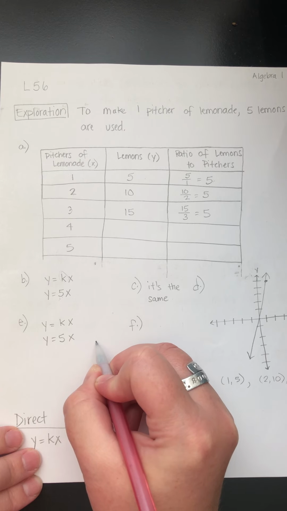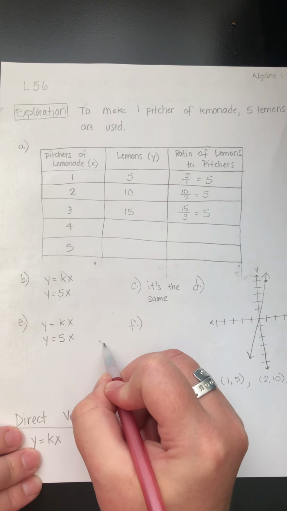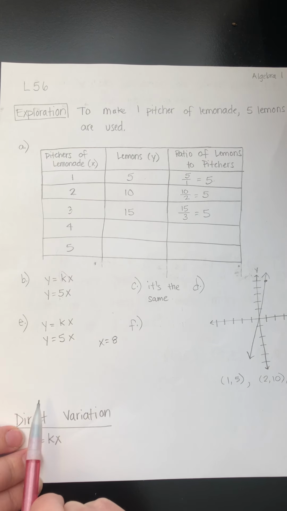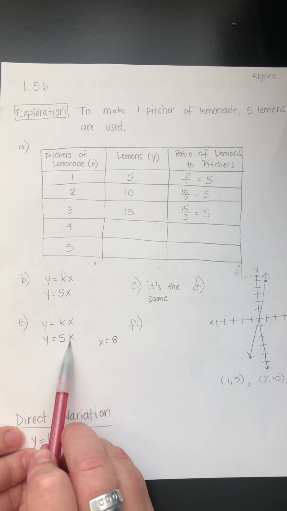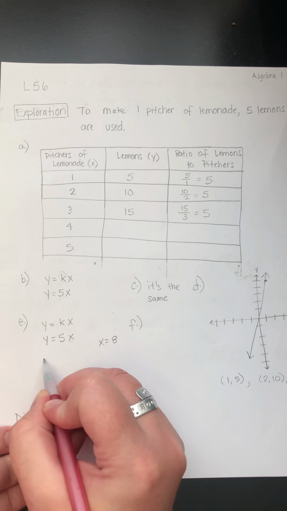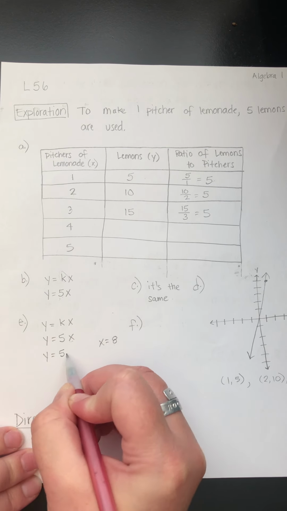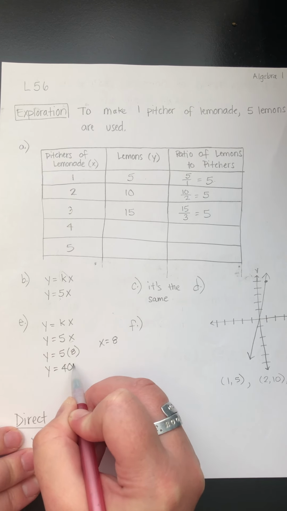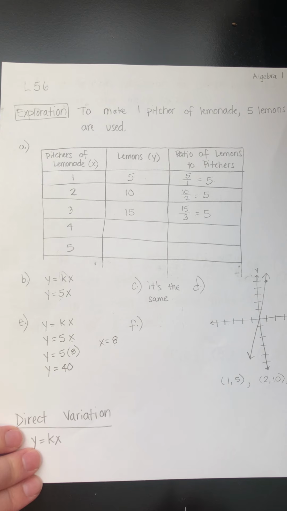So our pitchers, which in this case is x, equals 8. And they're asking you, how many lemons do you need if you were to make 8 pitchers of lemonade? You just plug 8 in for x, and you solve for y. 5 times 8, which is 40. You'd need 40 lemons to make 8 pitchers of lemonade.